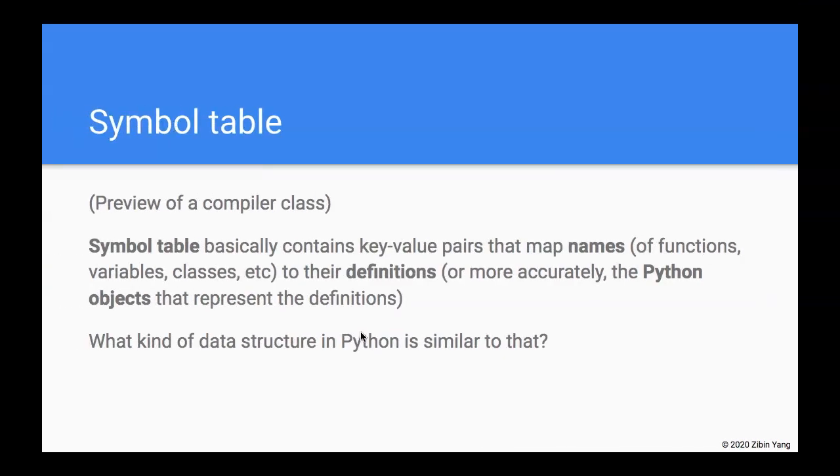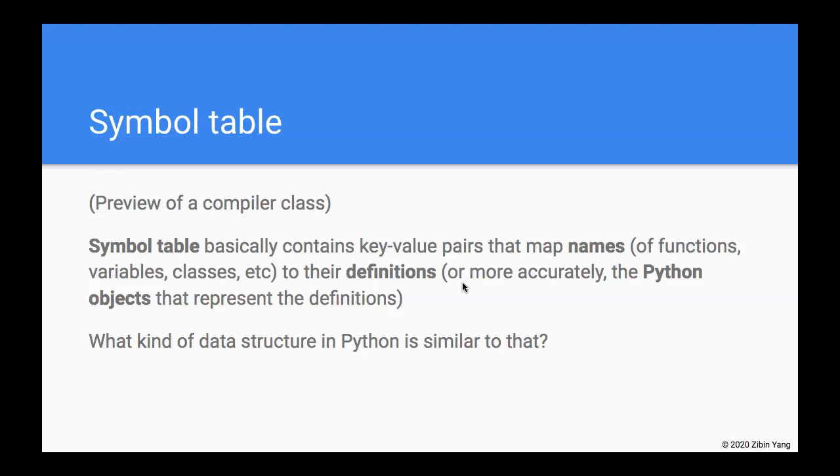Now, in Python, remember, everything is an object, right? An integer is an object, a function is an object, even a class definition is an object. So more accurately, it really maps the name to the actual object that represents the function, the variable, the class, etc. So a quick question: a data structure that contains key-value pairs, what is that in Python?